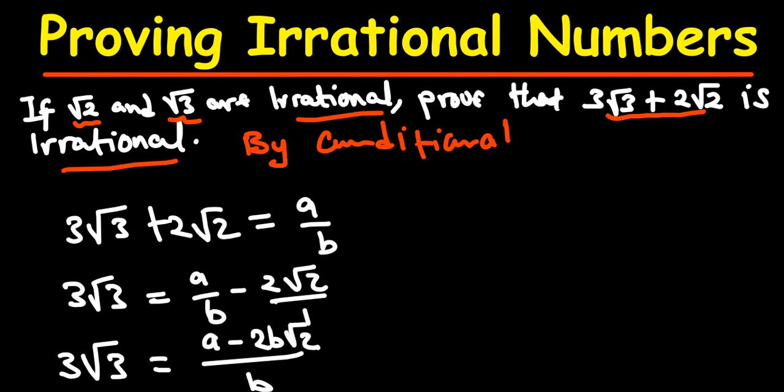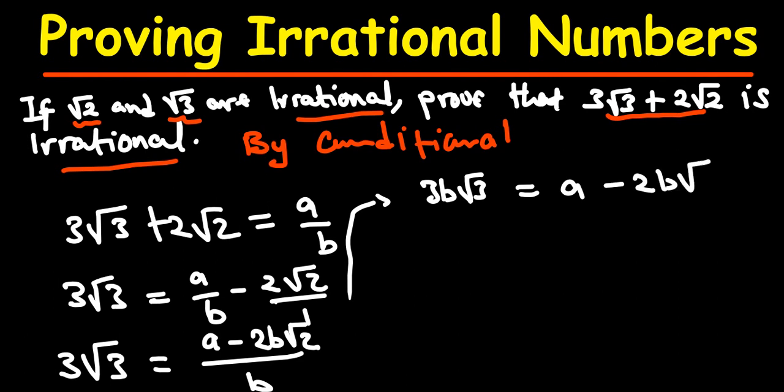Then from here we can cross multiply. So what we are going to have is 3b root 3 is equal to a minus 2b root 2.